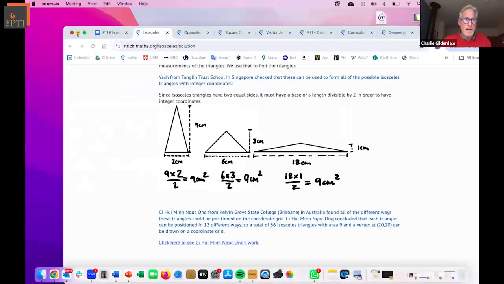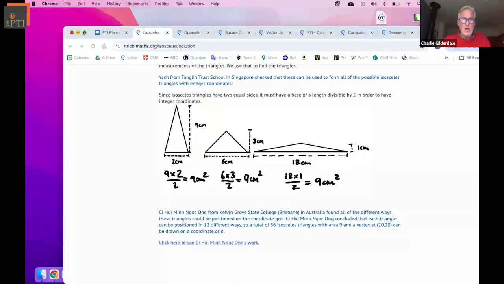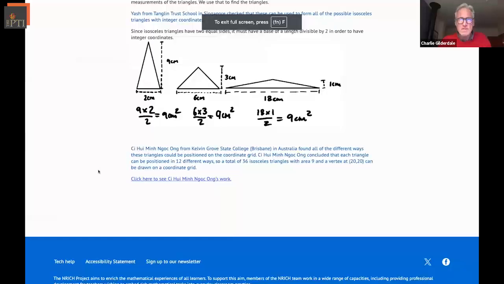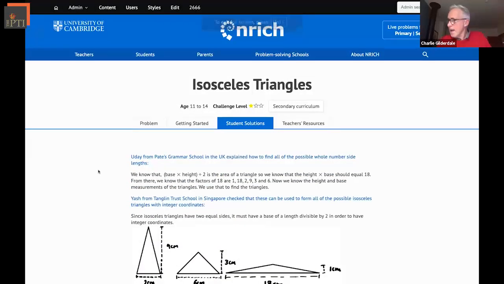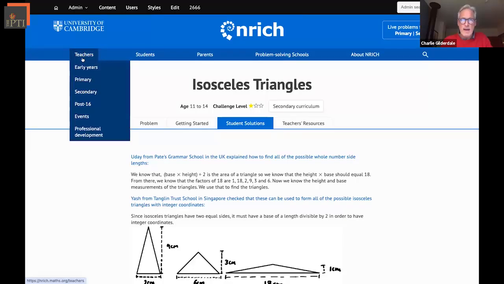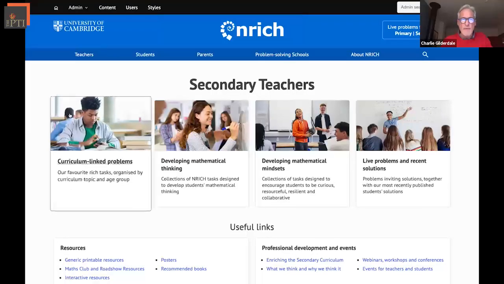So let me share my screen, and I'm going to share desktop. And so, can you see that, Alison? Okay, so on the Enrich website, everything is free, and you can go to the teachers page, and I'm going to click on the secondary teachers page. And we've been concerned about to talk about coordinates and vectors.